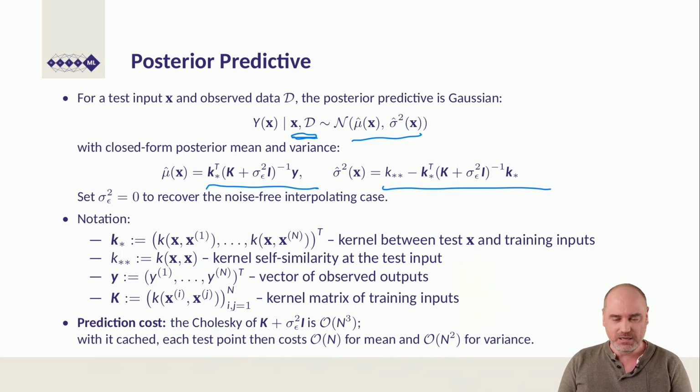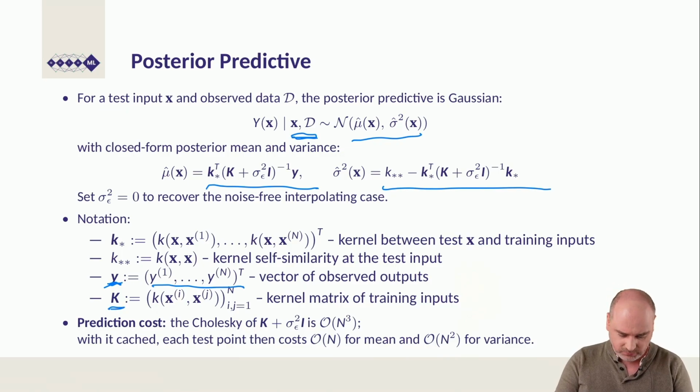So let's see if we can begin to at least understand what is meant by the notation here. Let's start with y. Bold y is simply the vector of observed outputs. We have an n-dimensional training set, and we just put together all of the observed output values in this vector bold y.